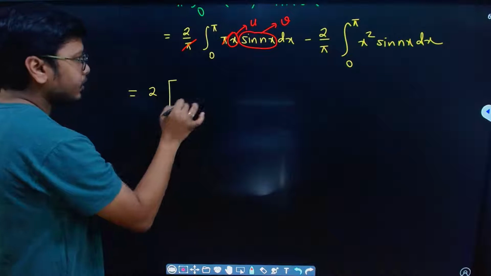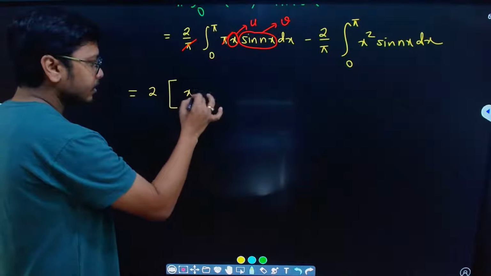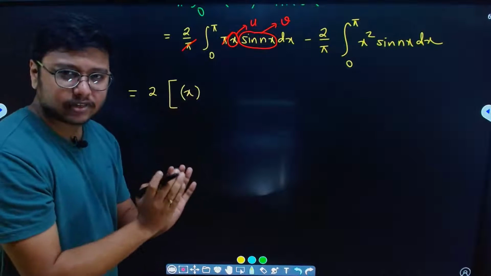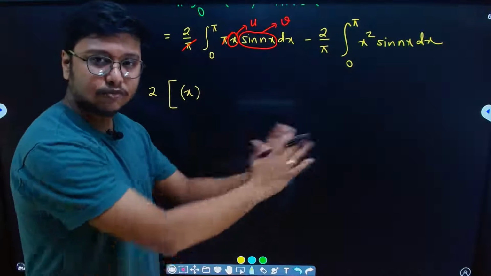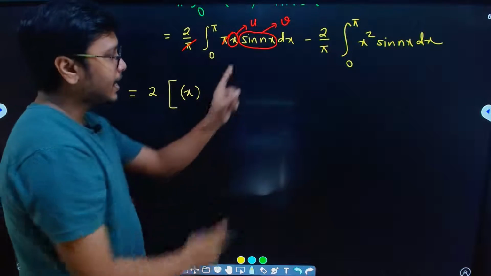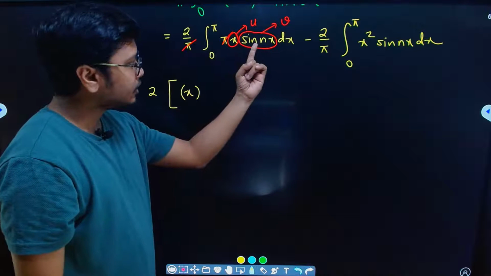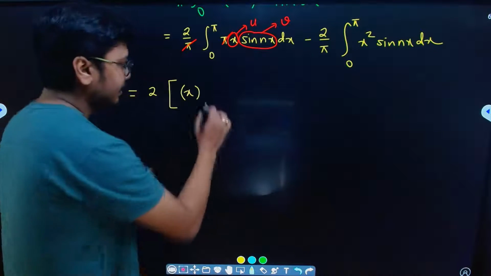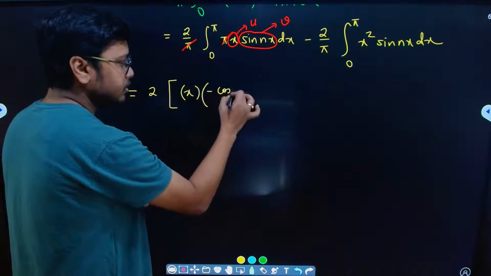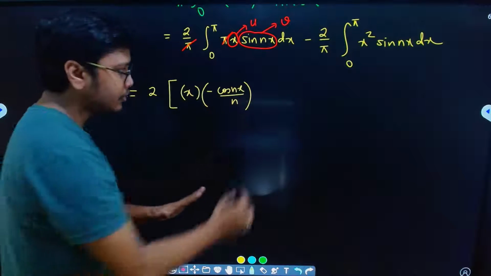So I will keep the u function as it is. Always use brackets, it will be easy for the calculation of the next term. U term multiplied with integration of v term. Integration of sine nx is minus cos nx by n. First calculation finished.